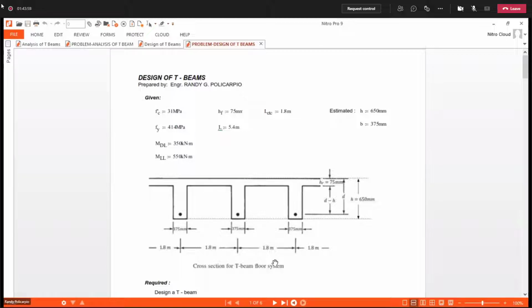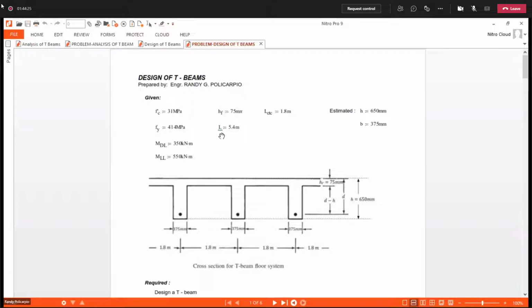Equal to 1.8 meters. So the width of the beam is 375 millimeters. The thickness of the slab is 75. The total depth of our beam is 650 millimeters. Given the strength, then given the length of our beam, 5.4.